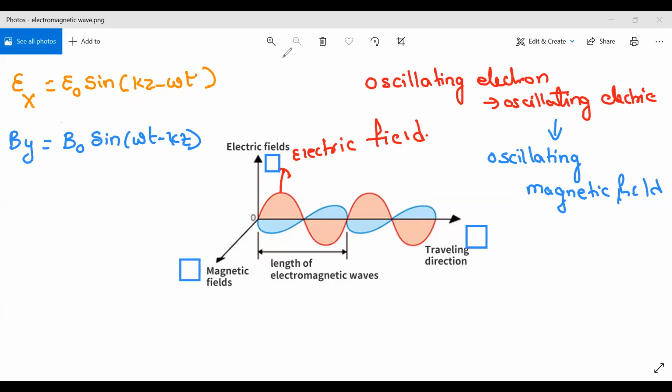Why? Because we have z here. Kz minus omega t.